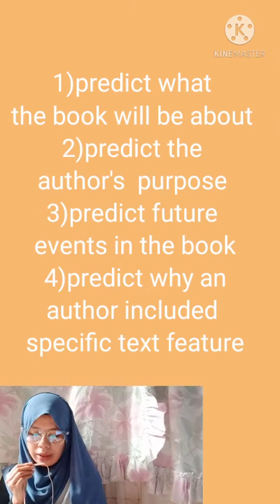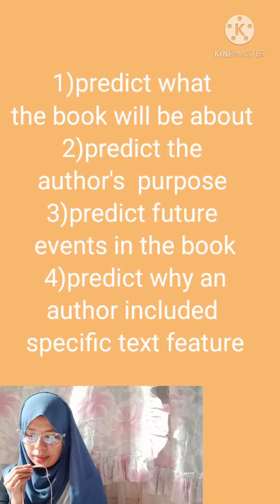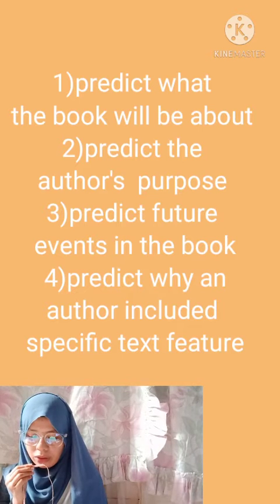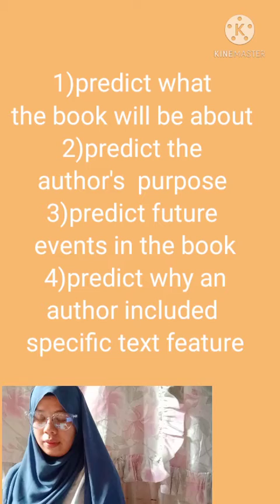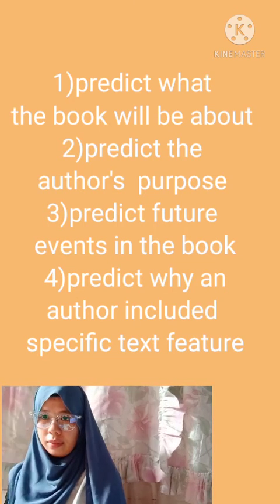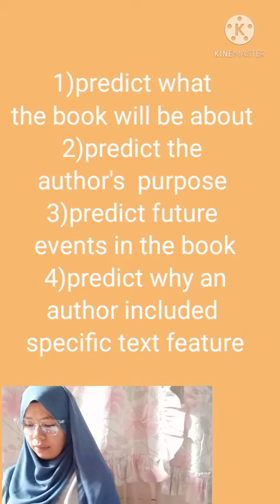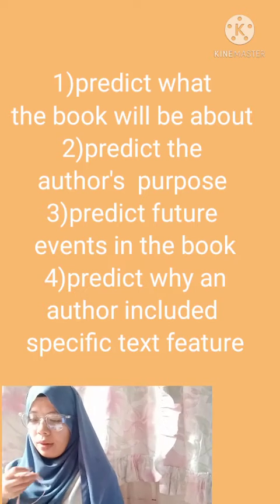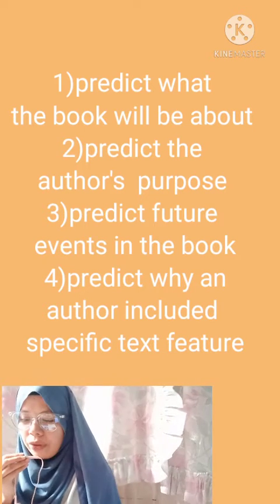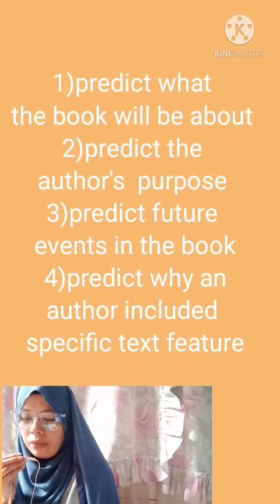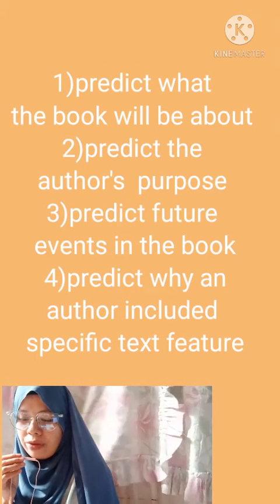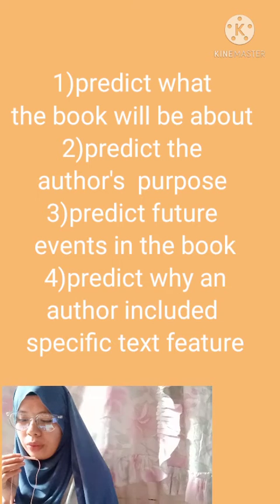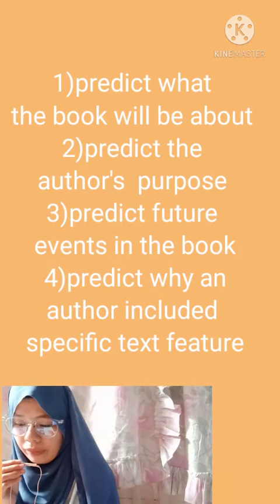You have to connect yourself to the author, like, is the author trying to convince us of something? Predict future events in the book. Readers base this prediction on previous events or character words and actions.